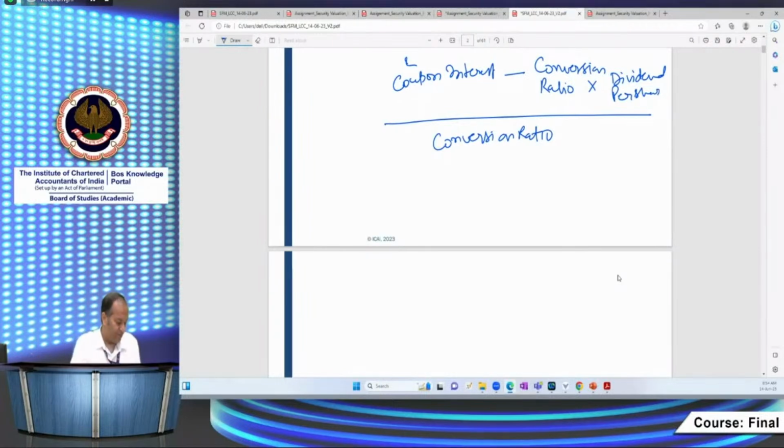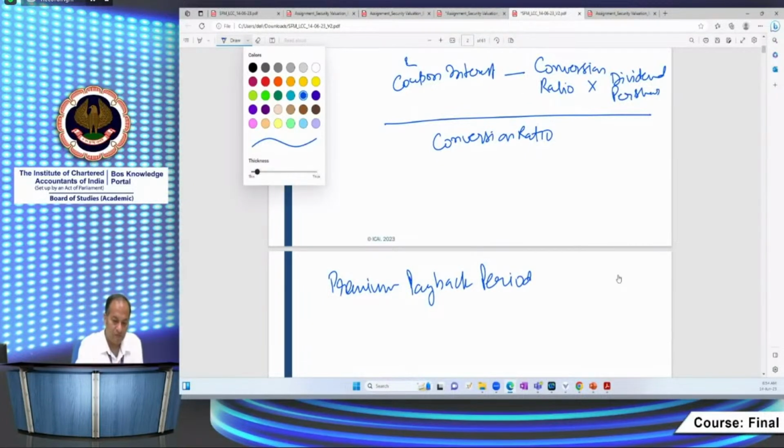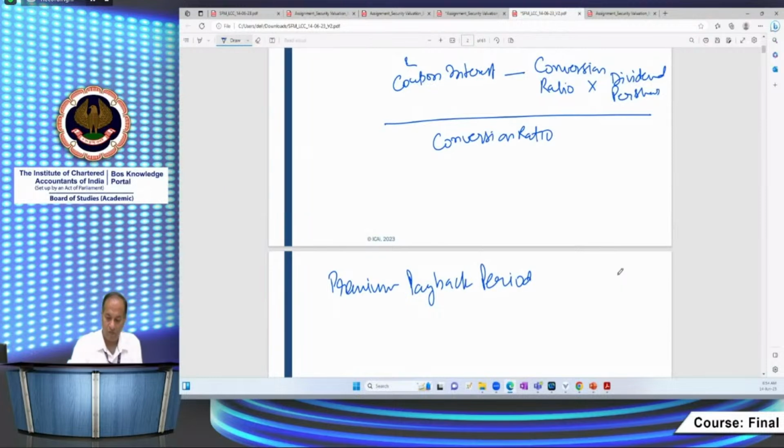Next is premium payback period. Premium payback period typically means in how much time we can recover, through the dividend, the premium we are paying, the market conversion premium we have computed earlier. In how much time will it come back to us.